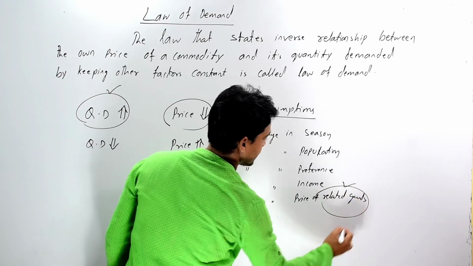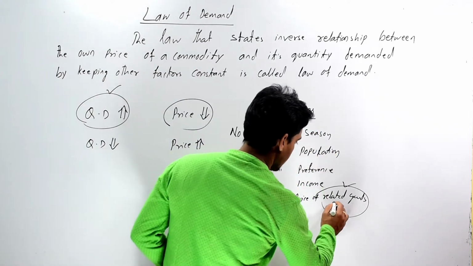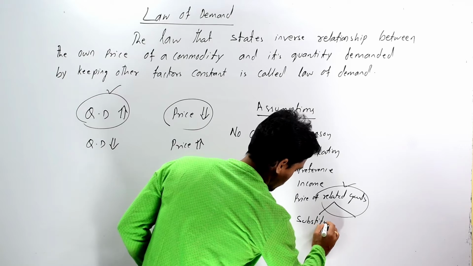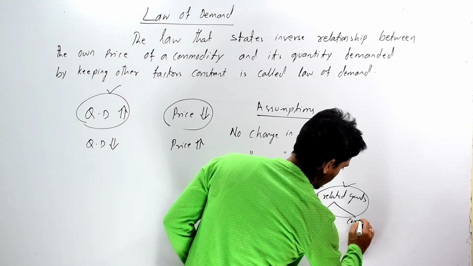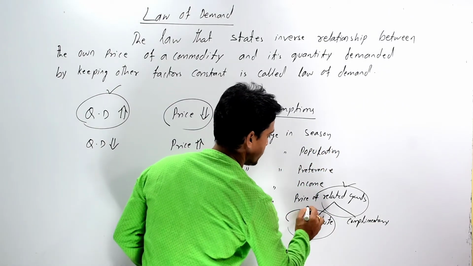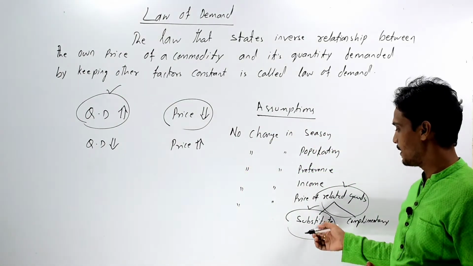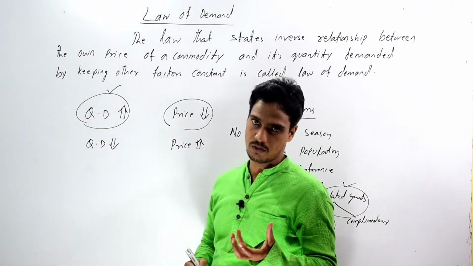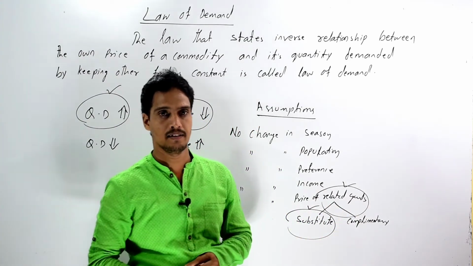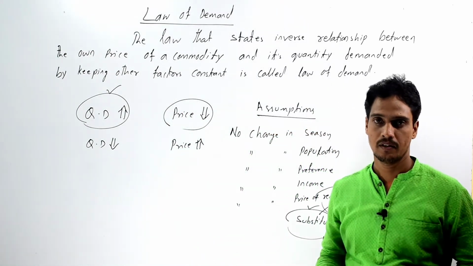Generally, related goods indicate two types of goods. It may be a substitute or it may be a complementary. Substitute goods means the goods that can be used in place of another good, like tea and coffee. We may serve our guest tea or we may serve coffee.